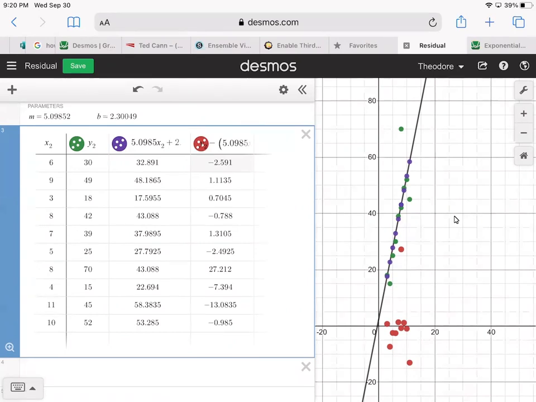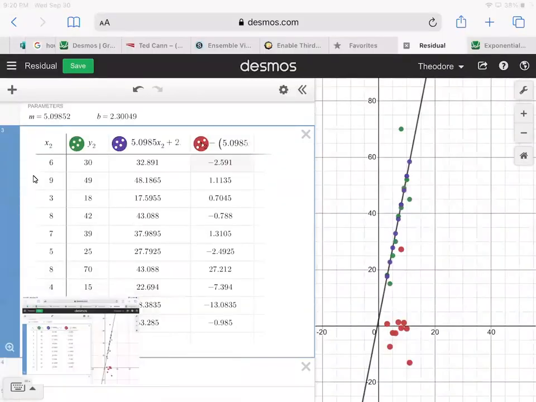We replaced the X in that regression equation with an X2, because that's where all those X values are in that first column. That gives us what are called the predicted values. Then I subtract those predicted values from the observed values, the Y2 column. And that's going to help me come up with my residual plot.